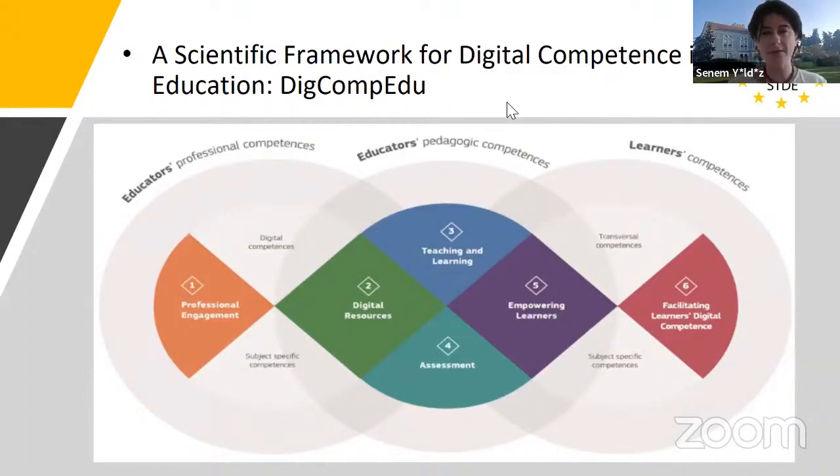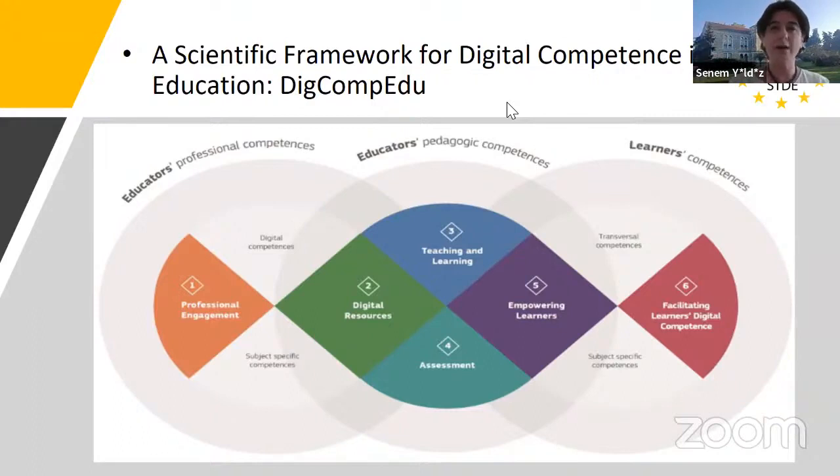Following our presentation, Gizem Canbulat, who just defended her master's thesis looking at foreign language education pre-service teachers' development of DigComp Edu digital competence in a Turkish university program, is going to talk to you in more detail about what that particular framework is.